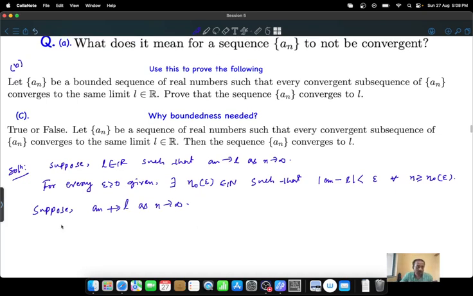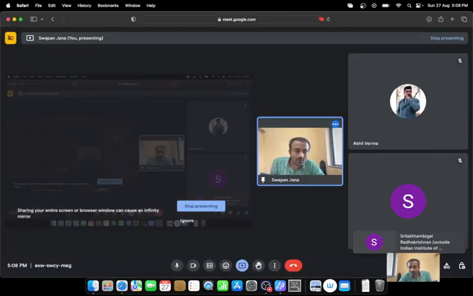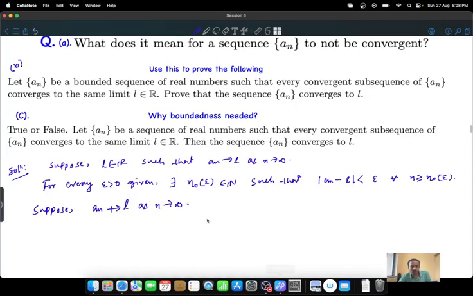Anyway, let's do it. The definition says that whatever positive number you give, I get a natural number. So this has to be false if I want to say a_n does not converge to L. It says that for every epsilon given, so it has to be false.